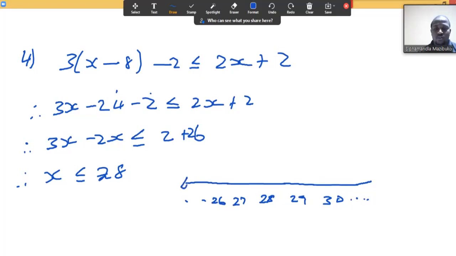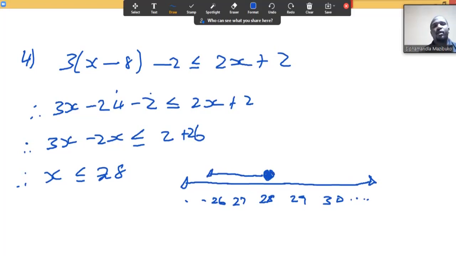We're looking at 28 inclusive, and x is less than that, so we're looking at all this less than 28, and x includes that one.